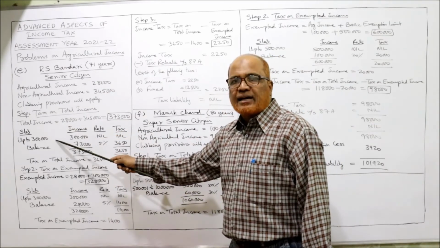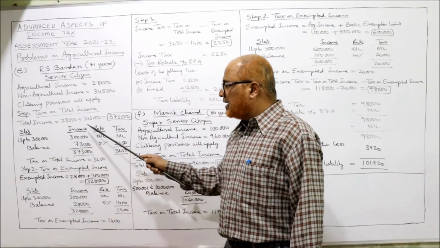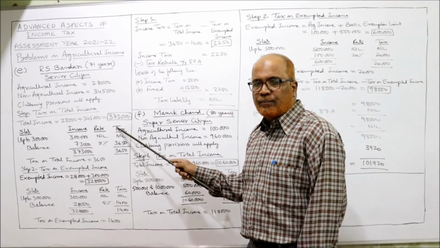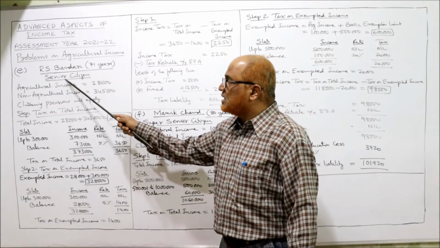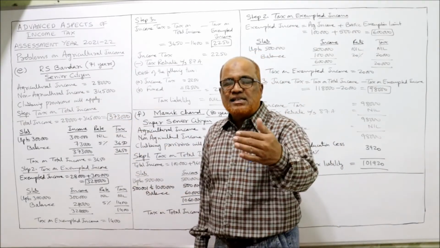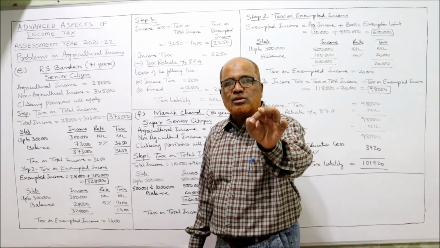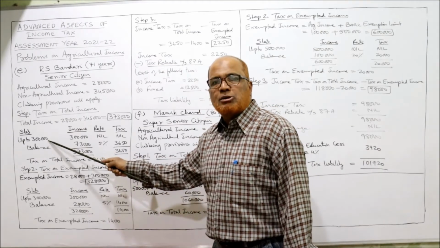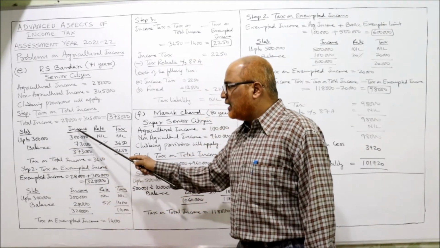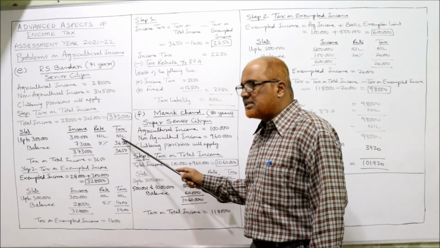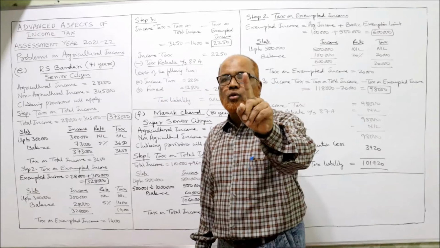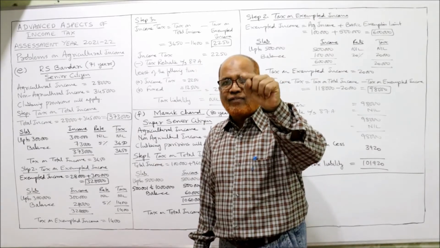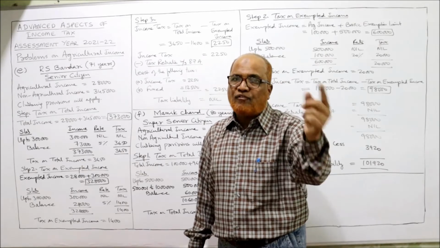Now we calculate the tax on total income, slab rate tax as usual. The first slab is up to 3 lakh because he is a senior citizen. If non-senior citizen, it is 2,50,000. Here 3 lakh rupees is the basic exemption limit. Up to 3 lakh, rate nil, tax nil. The next slab goes from 3 lakh 1 rupee to 5 lakh.